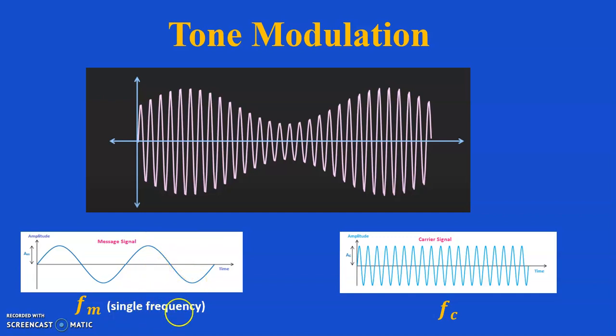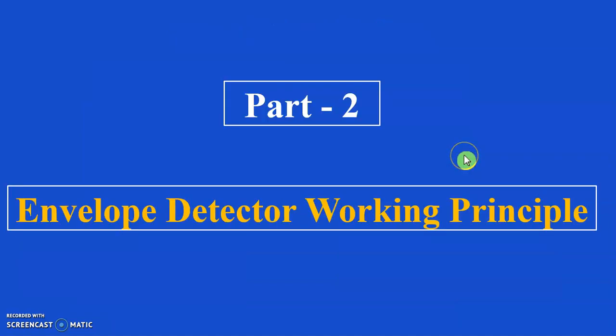So let us say here the frequency of the message signal is equal to fm, while the frequency of the carrier signal is equal to fc. So considering the case of this tone modulation, let us understand the working principle of this envelope detector, and we will explain this in the second part in the next video.